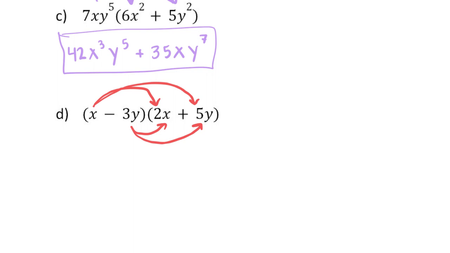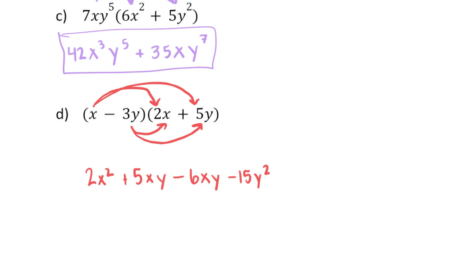So it's like distributing two ways, or two times. So x times 2x is 2x squared. X times 5y is 5xy. Negative 3y times 2x is negative 6xy. And negative 3y times 5y is negative 15y squared.